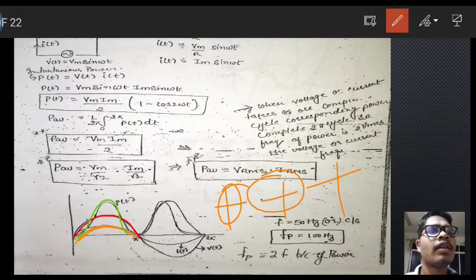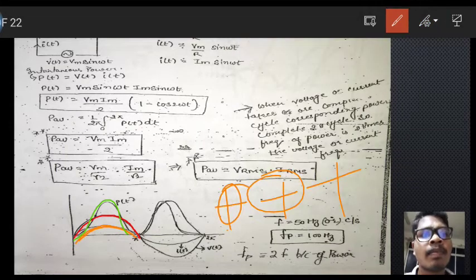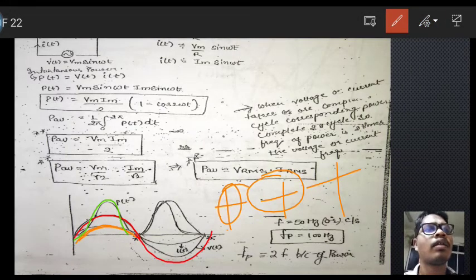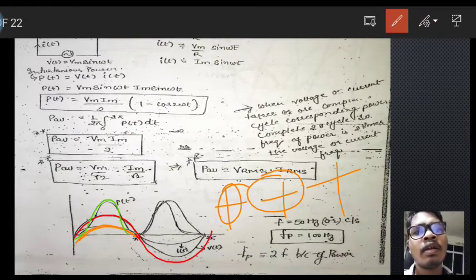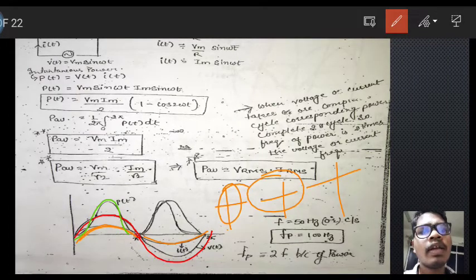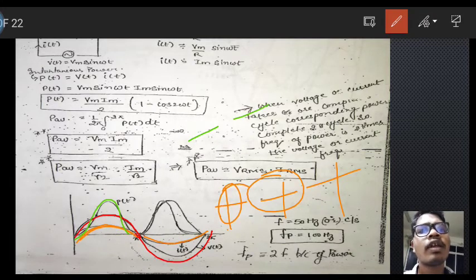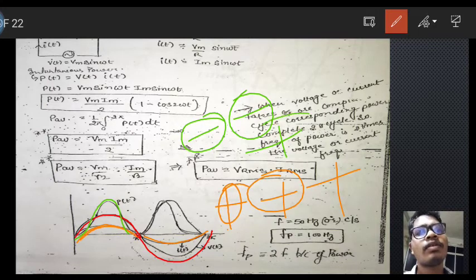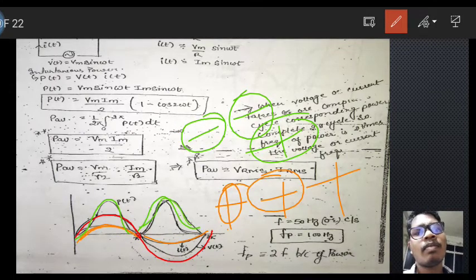Now see the negative half cycle. This is the voltage cycle and this is the current cycle. Here in the negative half cycle the voltage is negative and the current is also negative. Negative multiplied by negative gives positive, so the power will be positive.